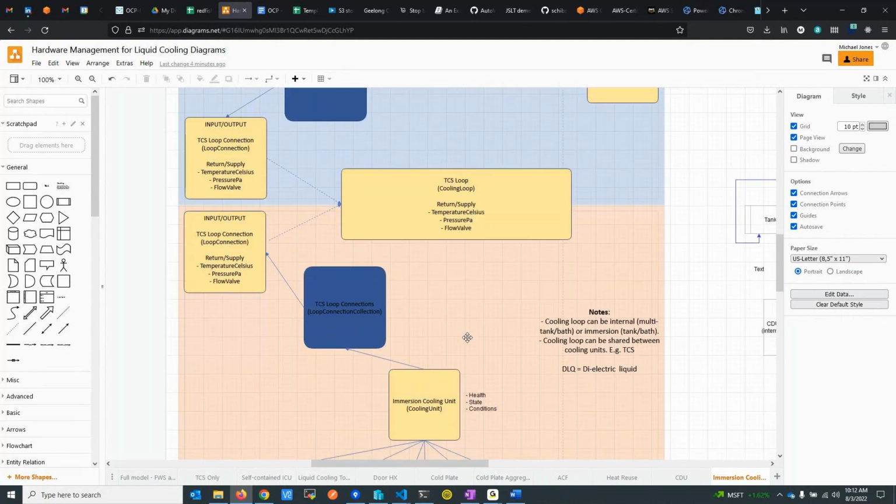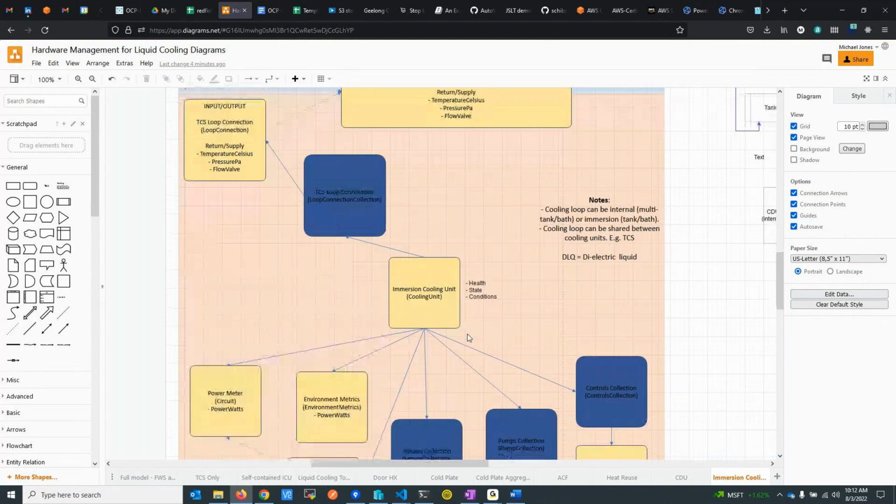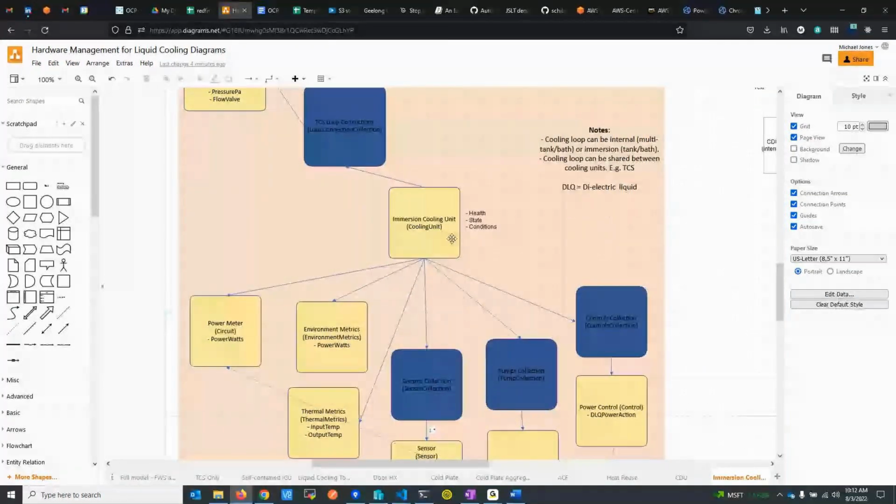Okay, and that leads us into the immersion cooling unit itself. What we were discussing at the start is that we hadn't specified that there are two different types here. My first question is, we've got this as an immersion cooling unit, which is supposed to represent any of the tank-based units you might have.